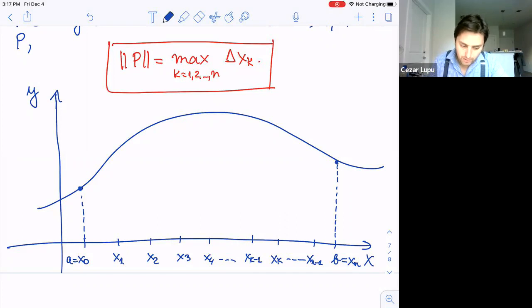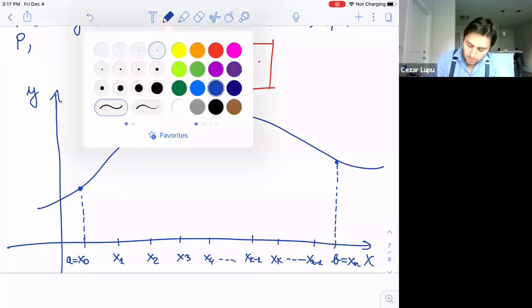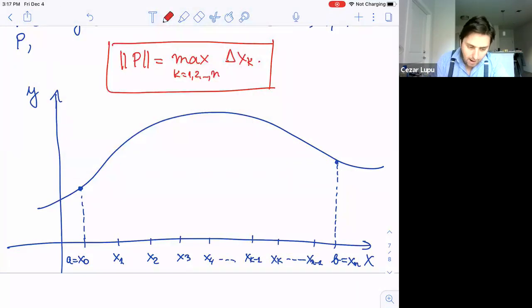And now what we're going to do is the following. So between these points, let me write it with red, I'm gonna have something like this. So I'll have a point here, let's say x1 star, another point, so between x naught and x1, I'll have an x1 star. Then between x1 and x2, I'll have an x2 star, right? And again, we'll have some points here on the graph.